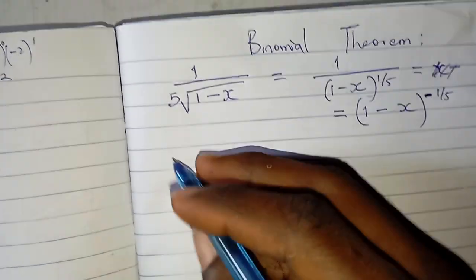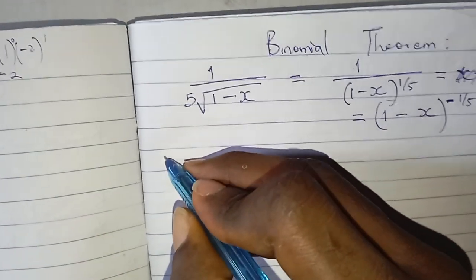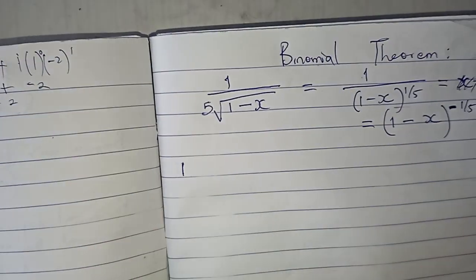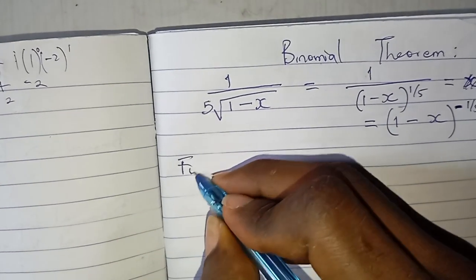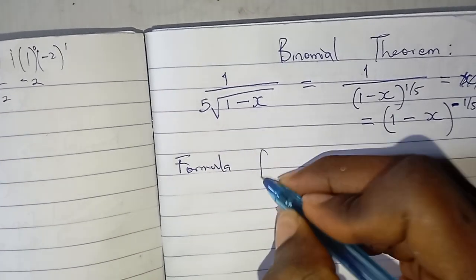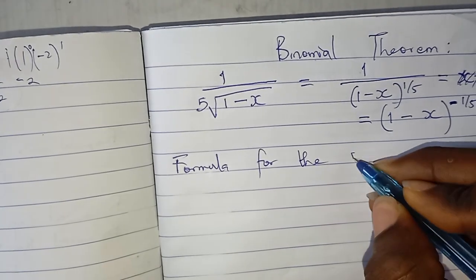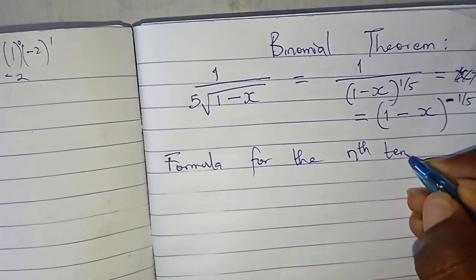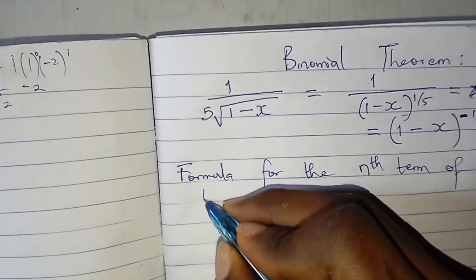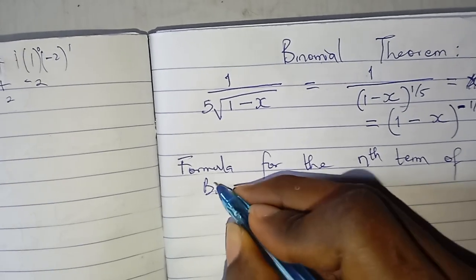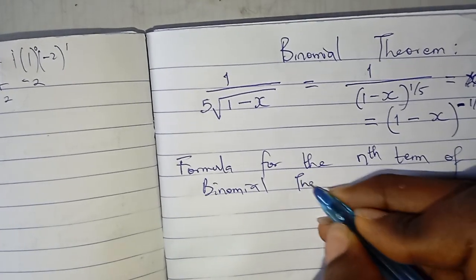And before I start giving you the formula for binomial theorem, there's something we call the formula for the nth term of a binomial theorem.